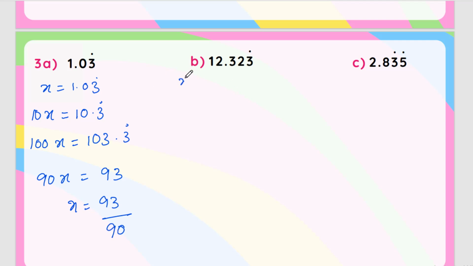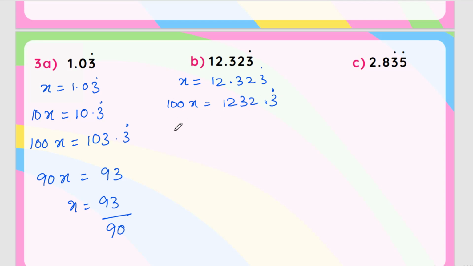And you just see here x equal to 12.323 repeating. Here also 3 is repeating, but after the decimal point you have 2 digits. So first multiply with 2 zeros. So 100x equal to 1232.3 repeating. Now we have the recurring digit right after the decimal point. How many digits are repeating?